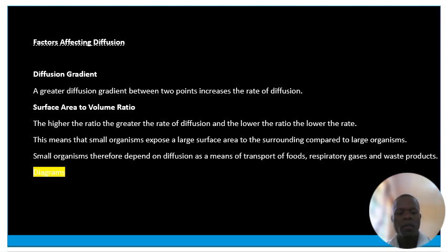Small organisms therefore depend on diffusion as a means of transport of foods, respiratory gases, and waste products.